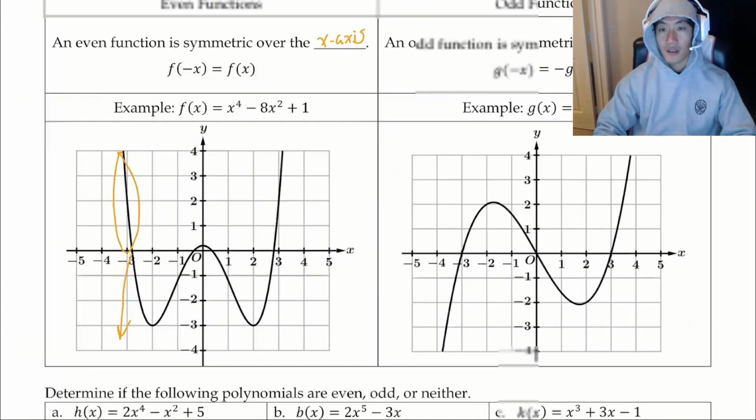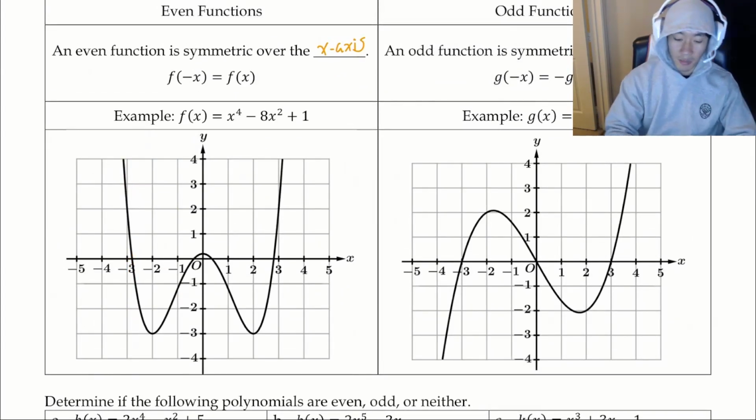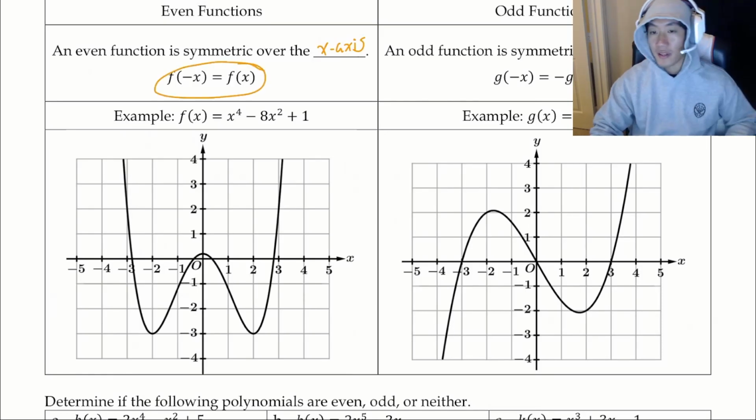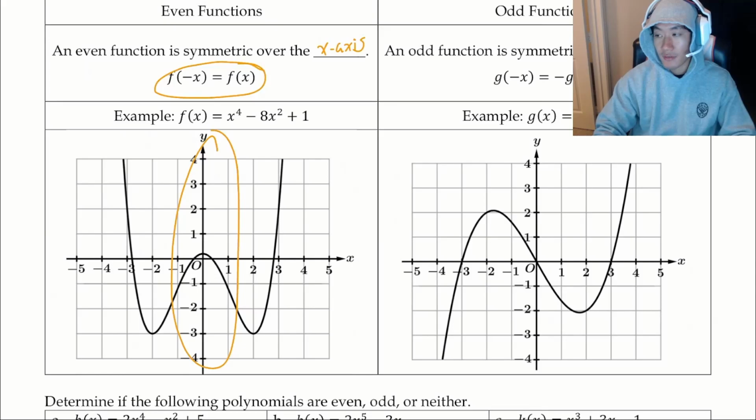So again, it's being symmetric over the x-axis. Let's observe it by the definition that's provided to us here. This will be a lot easier to see. If anything, I like to imagine that it's really over the y-axis as opposed to the x-axis, but that's just me. But yeah, let's take a look.